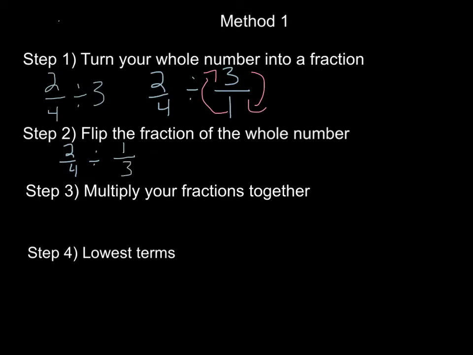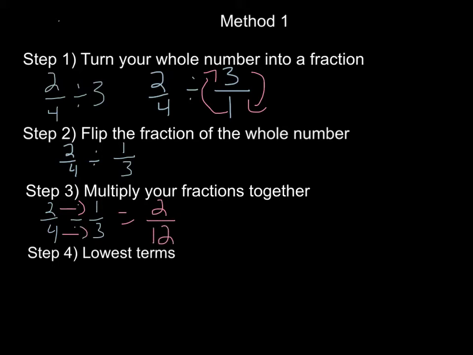Step 3 says multiply our fractions together. With multiplying fractions, you don't have to worry about common denominators, so all we have to do is multiply across. 2 times 1 is 2, and 4 multiplied by 3 is 12.